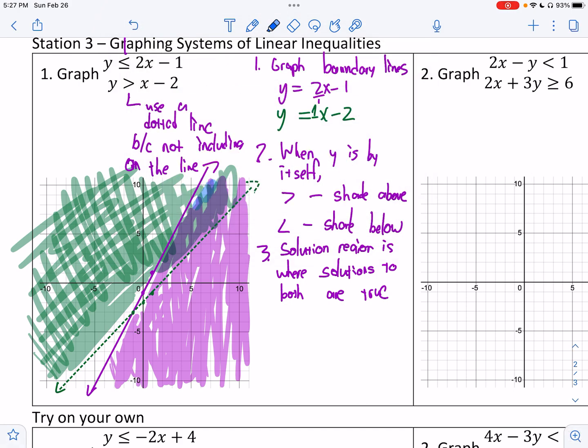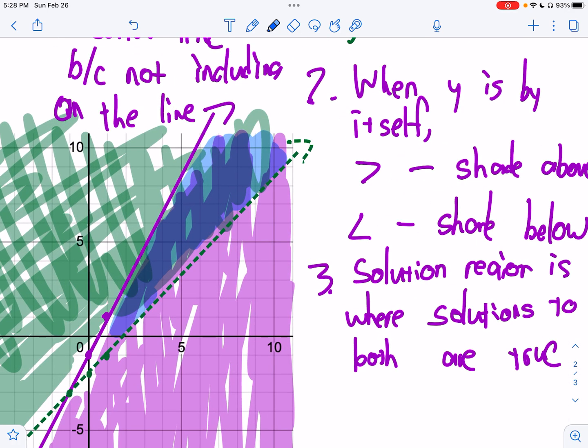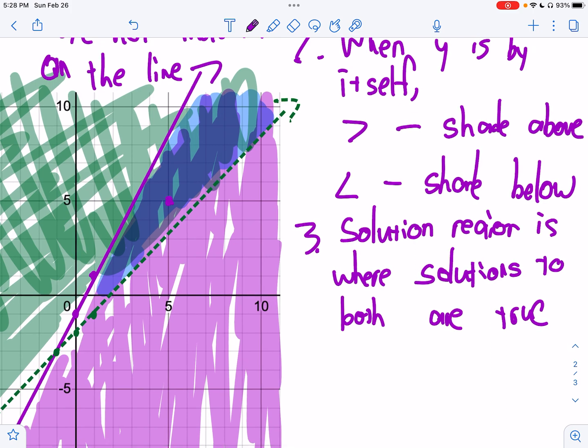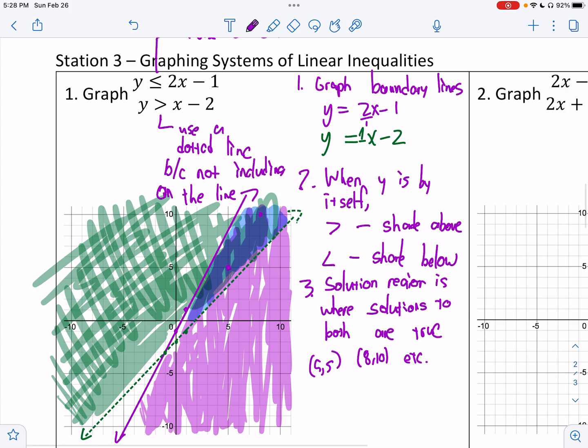Here is the region that I have green and purple shading, so that's my solution region. Every point in there satisfies both inequalities. So for example, 5, 5, 8, 10, etc., right? Any of those points that are in that blue region where both inequalities overlap.